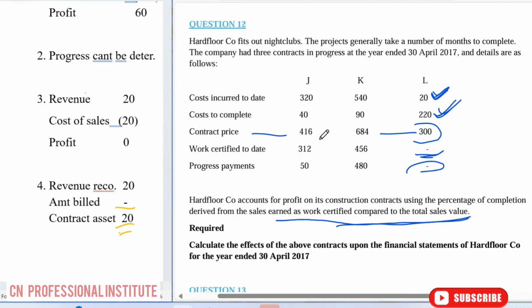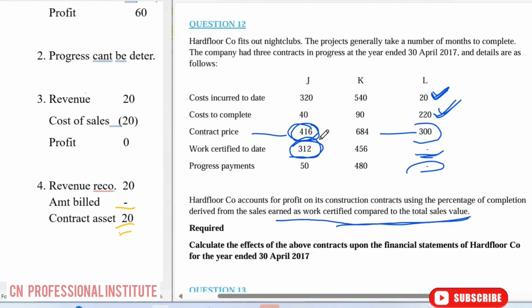Here we are using the output method, and the output is work certified. So pick this one, work certified, 312. That's the work certified over the total contract price. What's the total contract price? 416.